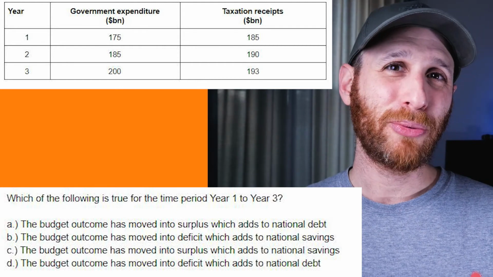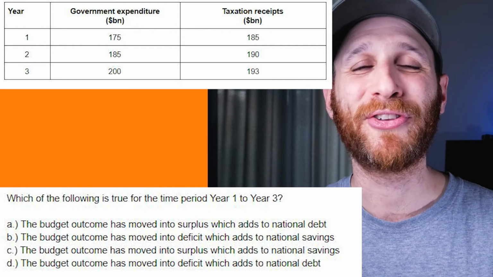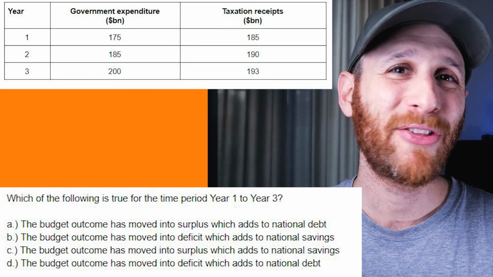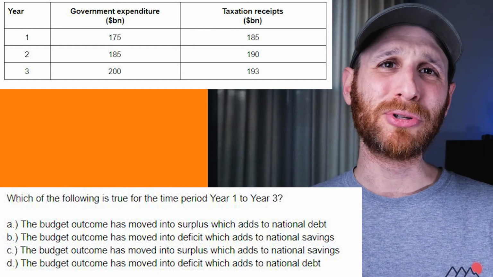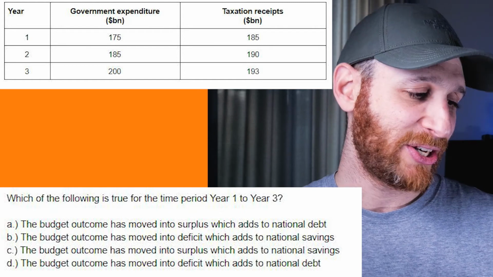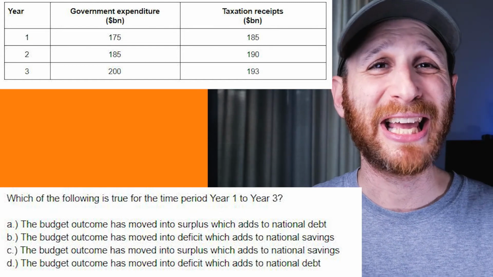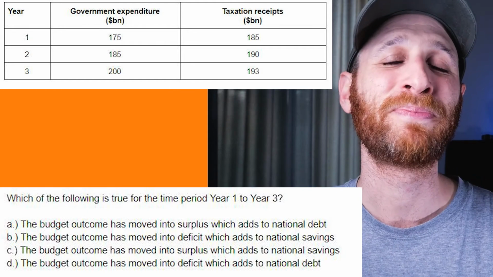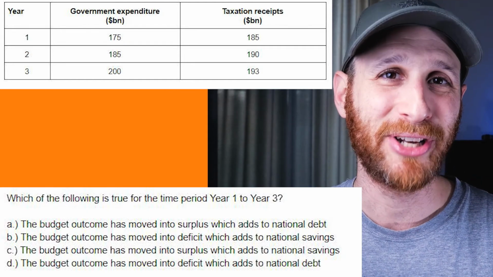So in this situation, there's no way it's going to add to savings. If the government is spending more than it earns, it's not building up that kind of pool of savings that a budget surplus would allow. So instead, for this question, we're looking at D. The budget has moved from surplus to deficit, and that is going to add to national debt.